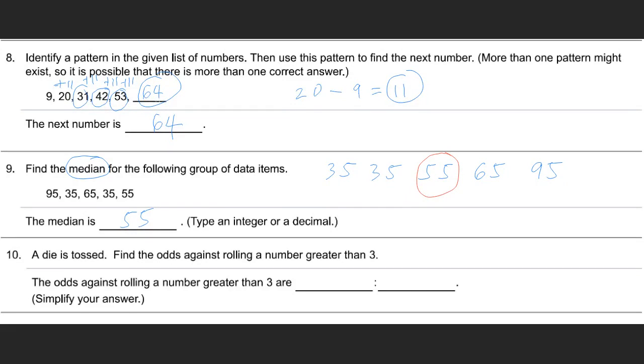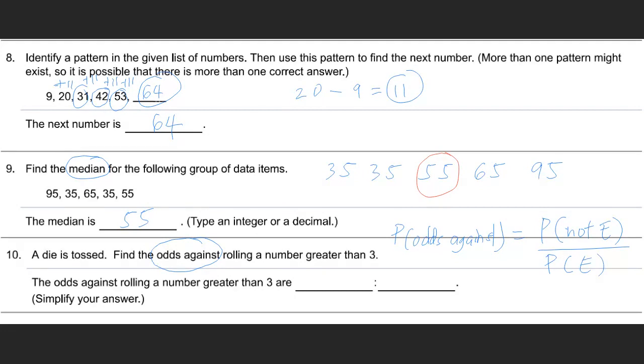Okay, so we have the keyword here, odds against. The probability for odds against is equal to the probability that the event will not occur, so P of not E, over the probability of occurrence, or in favor of that event.